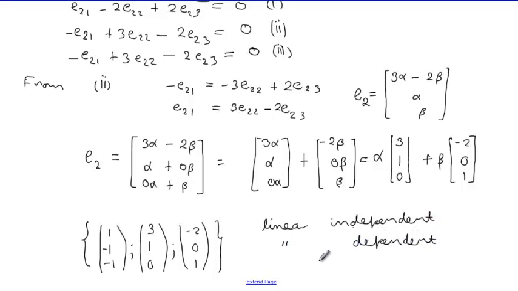Your results here will extend your theory as far as knowledge of eigenvectors is concerned.